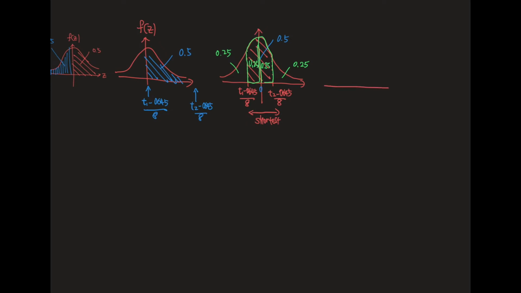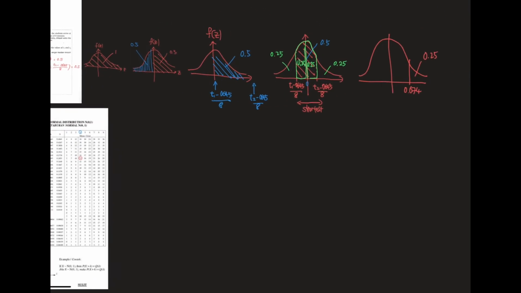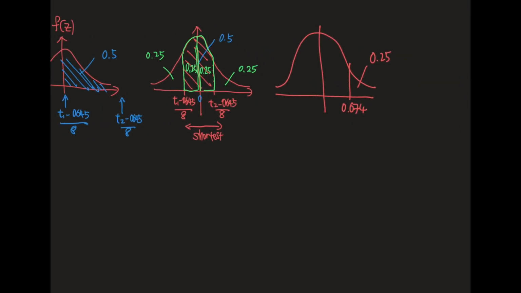So from the table, when here is 0.25, here is 0.674. So that's the z-score. That is where we do it in the opposite way. We take the probability in the middle and read the z-score at the side. Okay, 0.674.